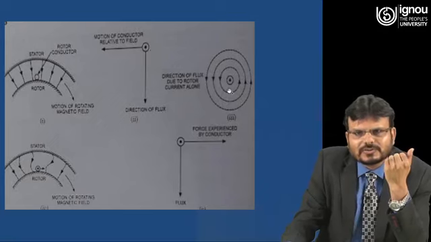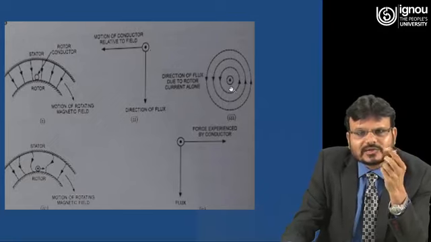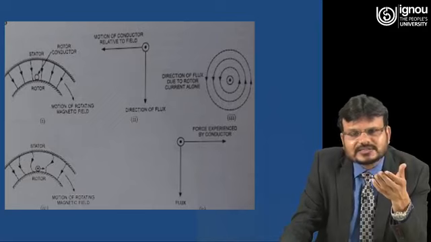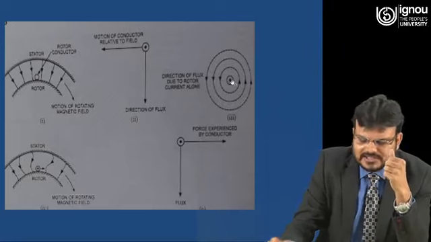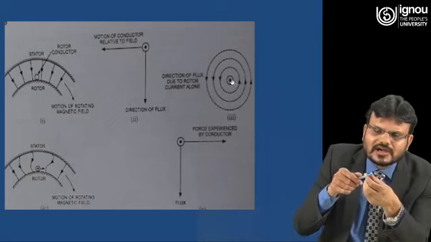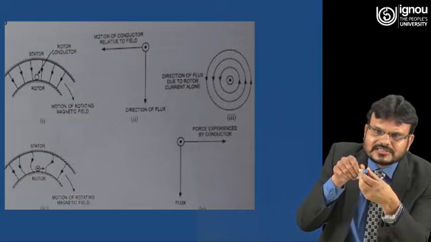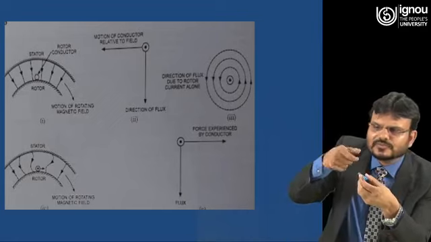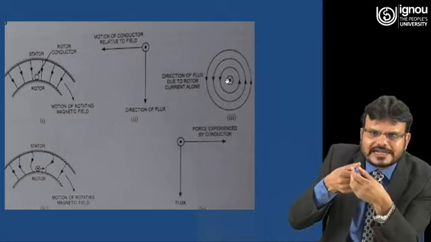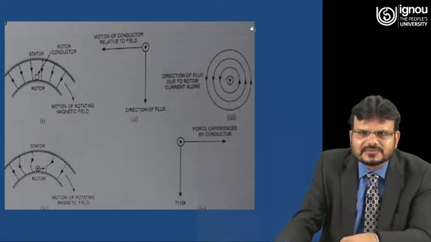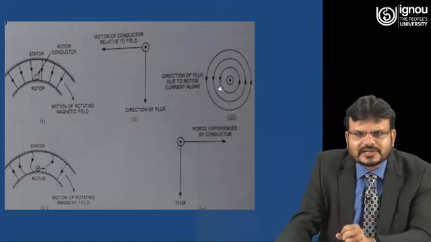Now you have to find the direction of the flux due to the current in the rotor. Applying the screw rule, since the current is outward, you move in the anti-clockwise direction, and that shows the direction of the flux due to the rotor current.